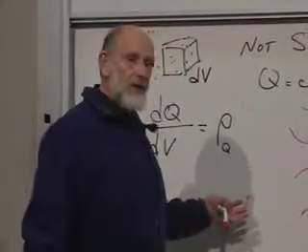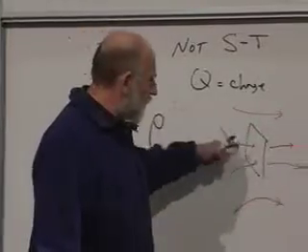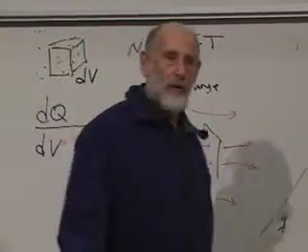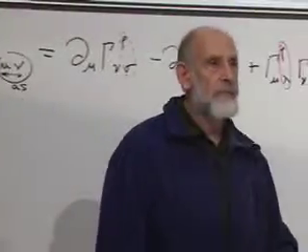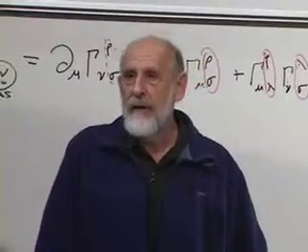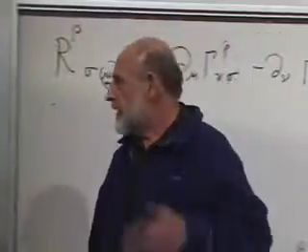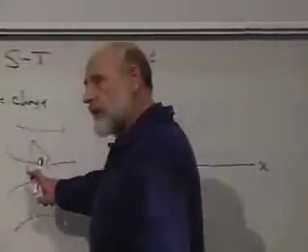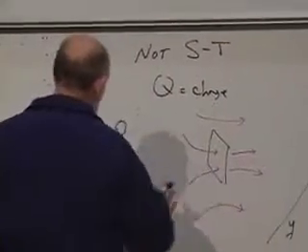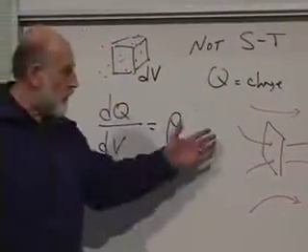Take the charges which pass through the window. How much charge will pass through the window? Well, it's going to be proportional to the area of the window, but what else? What else might it be proportional to besides the area of the window? The time, the amount of time. All right? So there's a flux of charge, and the amount of charge through the window per unit time is related to what's called the current.